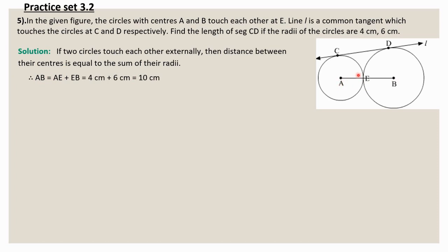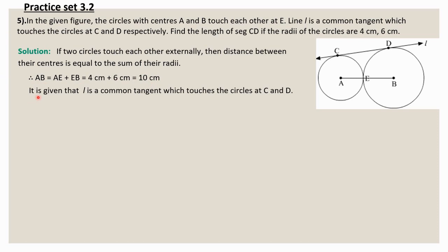AE is the radius of the smaller circle and EB is the radius of the bigger circle. So AB is equal to AE plus EB. AE is given as 4 centimeters, and EB is given as 6 centimeters. Therefore, 4 plus 6 is equal to 10 centimeters. Therefore, AB is equal to 10 centimeters.